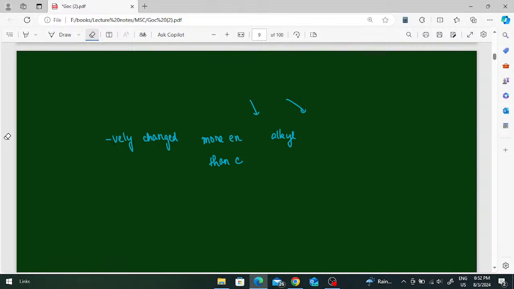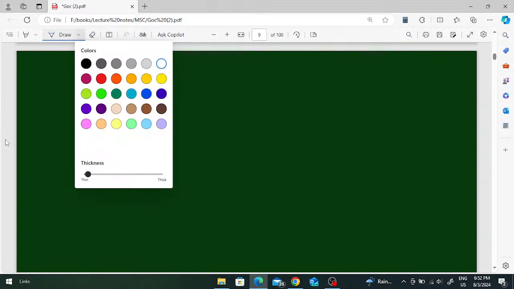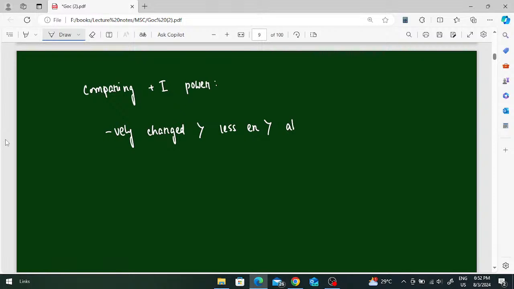So first let's compare. Comparing plus I power, negatively charged wins over less electronegative groups, and less electronegative wins over alkyl, which wins over isotopes.